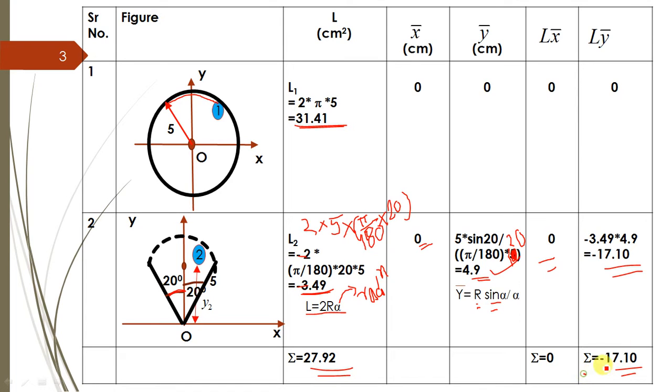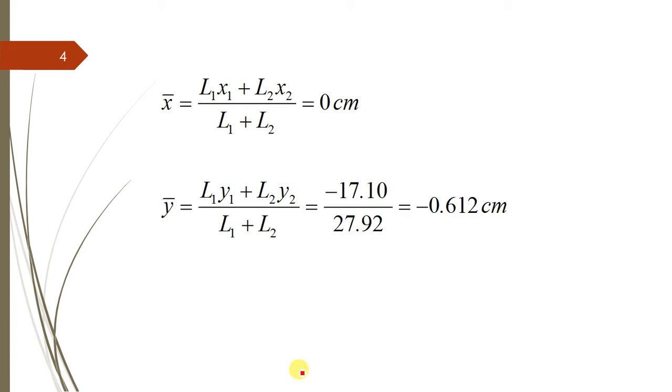Now this divided by this will give you the y bar, and x bar is 0 because the figure is symmetrical about y axis. So summation of Ly upon summation of L, you will get the answer minus 6.12 centimeter. This is your y bar.